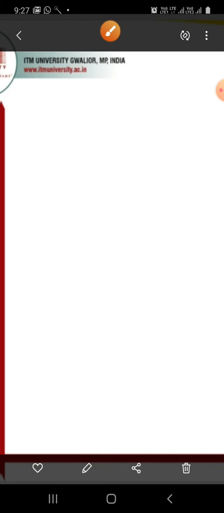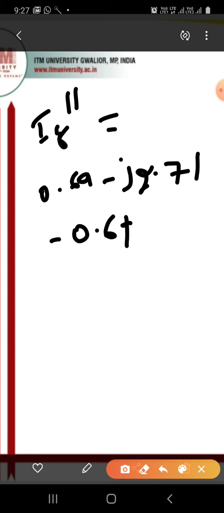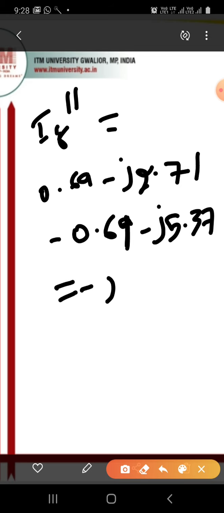So as per our calculation, in the place of Ig double dash I put 0.69 minus j 2.71, and for Im I put minus 0.69 minus j 5.37. So it will become minus j 8.0 per unit.